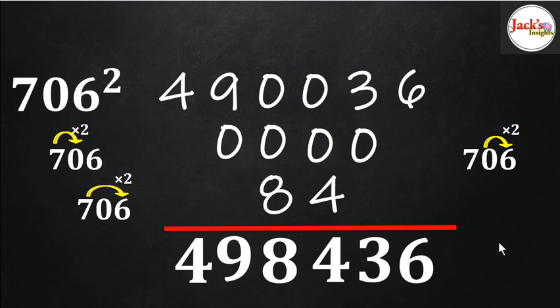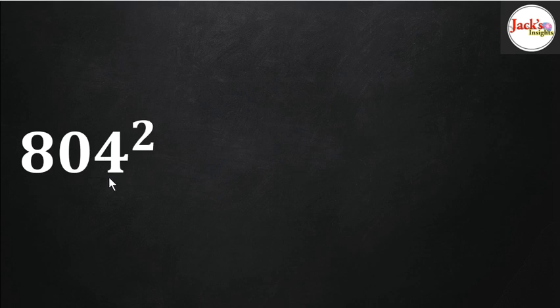So for example, another example in which the middle digit is 0. The square of 804. So we have the square of 8 is 64. So instead of performing the usual process, this time we're going to do the shortcut. We're going to multiply 8 and 4 first times 2, and it will be inserted in the middle.